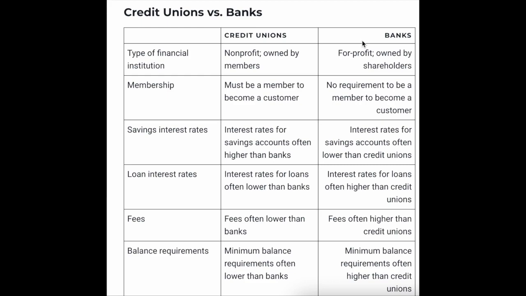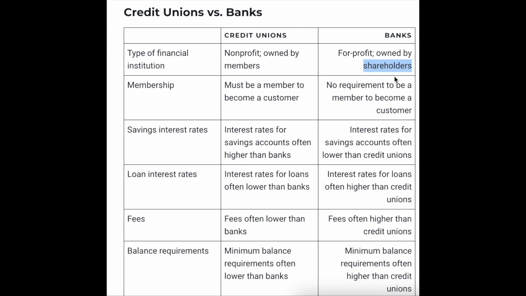For my money that I'm using for monthly expenses, I put my money in credit unions. Basically, the type of financial institution is that they're nonprofit and owned by the members, versus a bank that is for profit and owned by shareholders. If you're a bank trying to make money for your shareholders, why would you give more money to individuals that leave their hard-earned cash inside the bank?